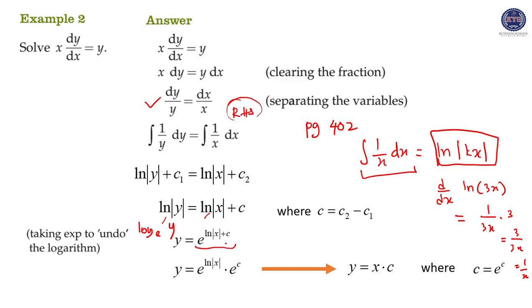Therefore, you separate. How can it separate into multiplication suddenly? Because when you have the same base and you multiply, therefore it will add. For example, exponent x multiplied by exponent 4 is actually equal to exponent of x plus 4.